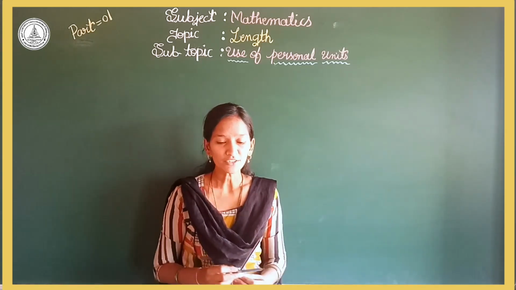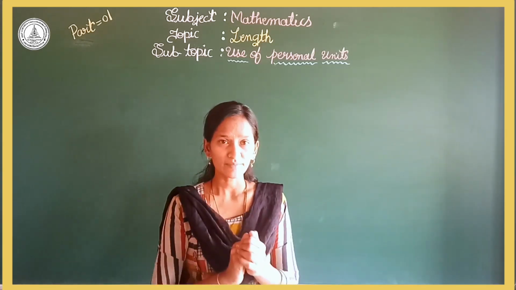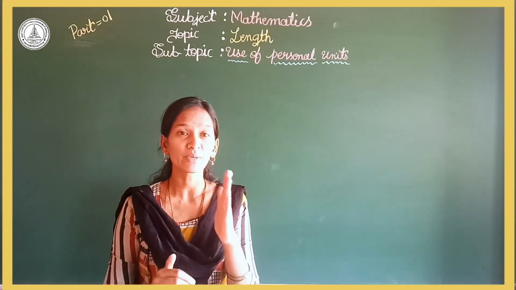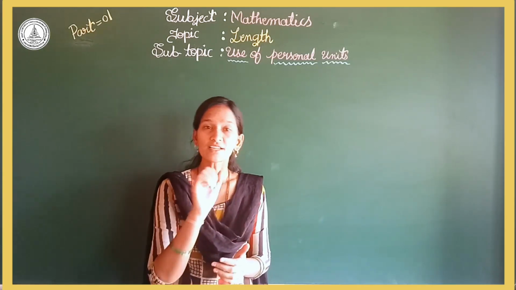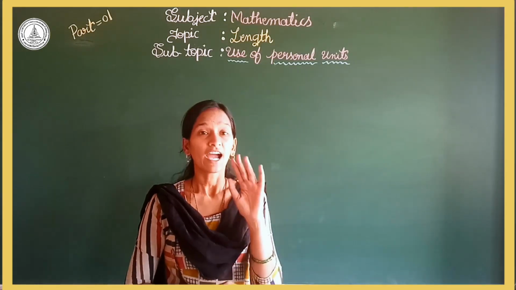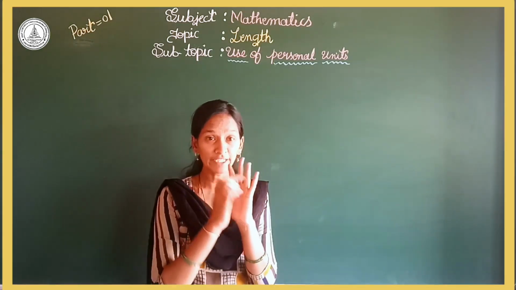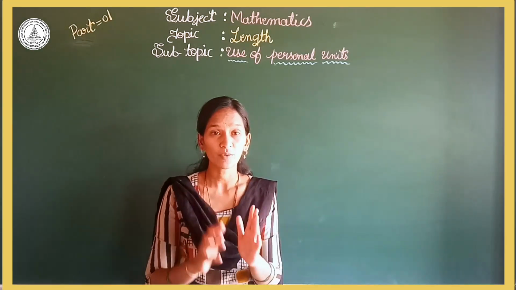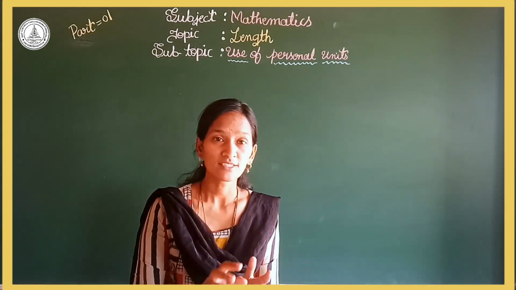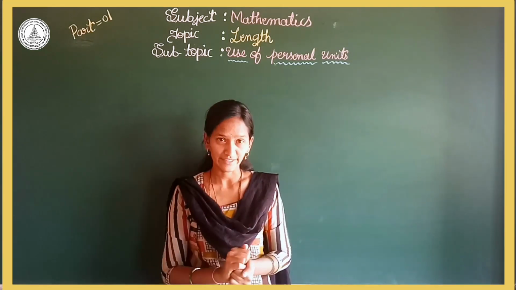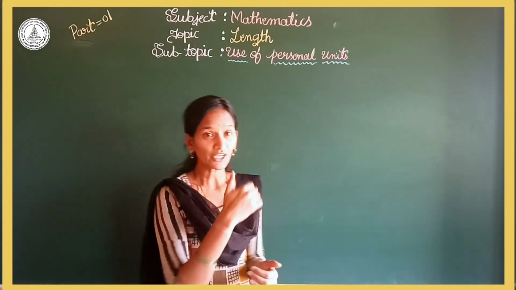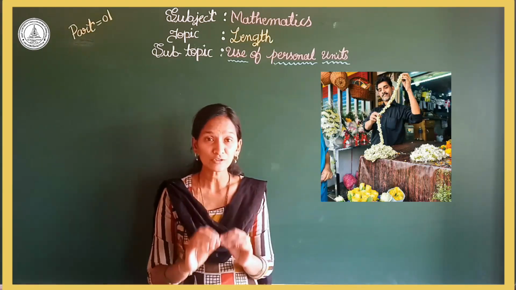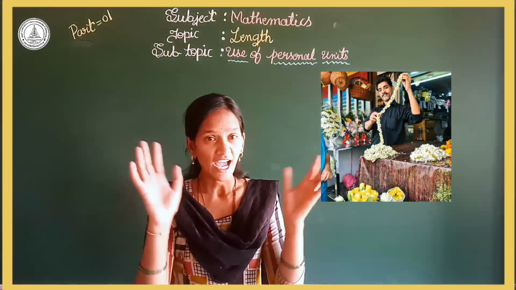Yes, my dear one, in olden days, meaning in the past years, people used their body parts to measure objects or things. Yes, you are right. Hand, foot, fingers, forearms, right? These are all the body parts they used to measure objects in olden days. Already I showed one picture, right? In that the man is measuring the length of the flower by using his hands.